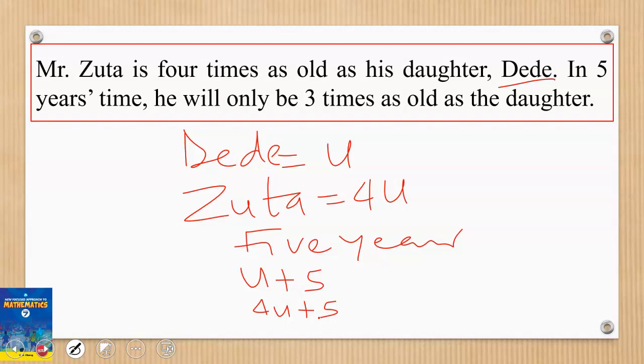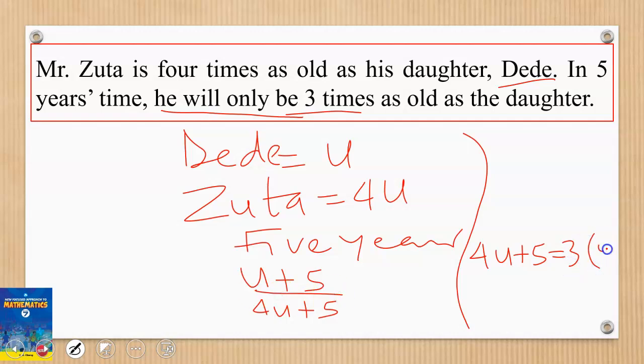But then there's a relationship between their ages. In 5 years to come, the man will only be 3 times as old as the daughter. So the man who is now 4u plus 5 will be 3 times the daughter's age in 5 years, which is u plus 5.